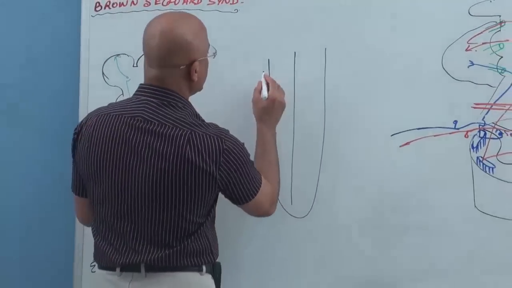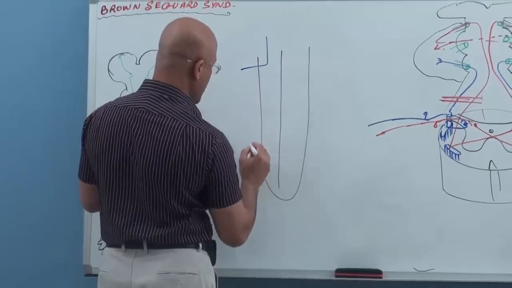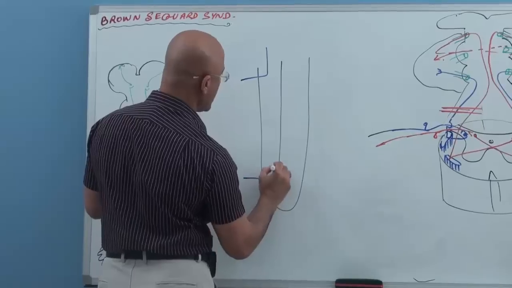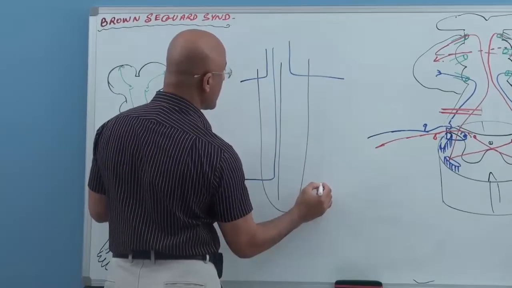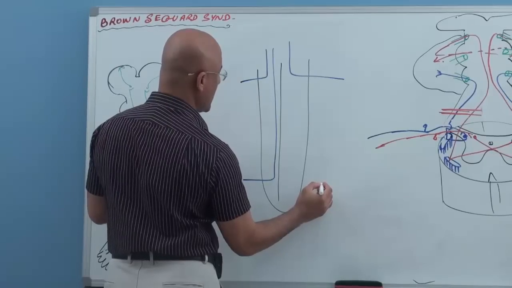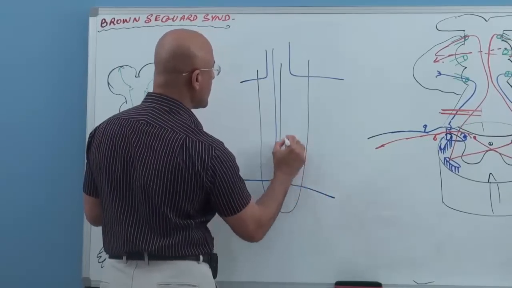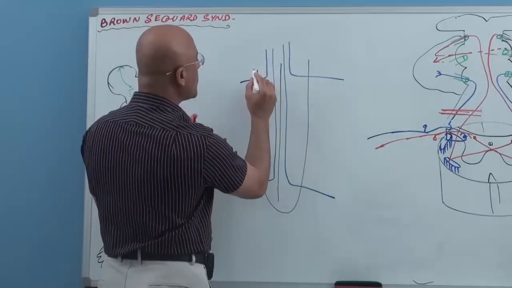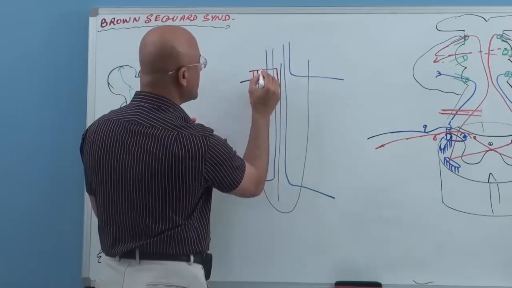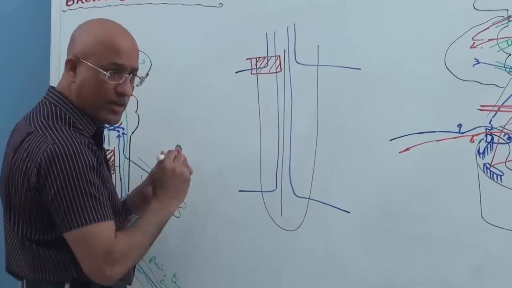These were the sensations which were going. What were these sensations? Dorsal column sensations, which go ipsilaterally, right? Is it clear? And here is our, what is this? This is our lesion. Is that right?